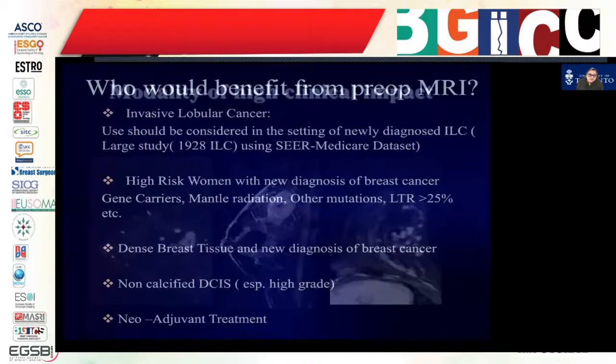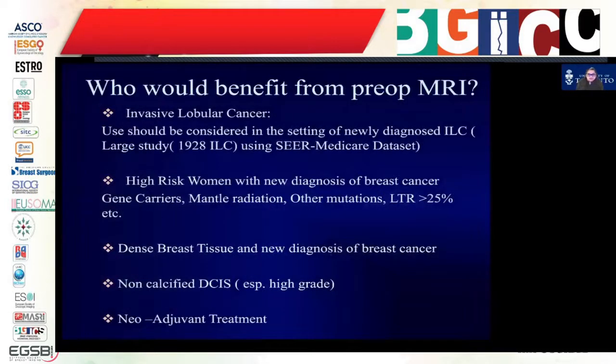But we have to be very careful in whom we are offering preoperative MRI, in order to prevent overdiagnosis and overtreatment of these women. These are the few indications where preoperative MRI is really useful, such as newly diagnosed invasive lobular cancer, and high-risk women with a new diagnosis of breast cancer.